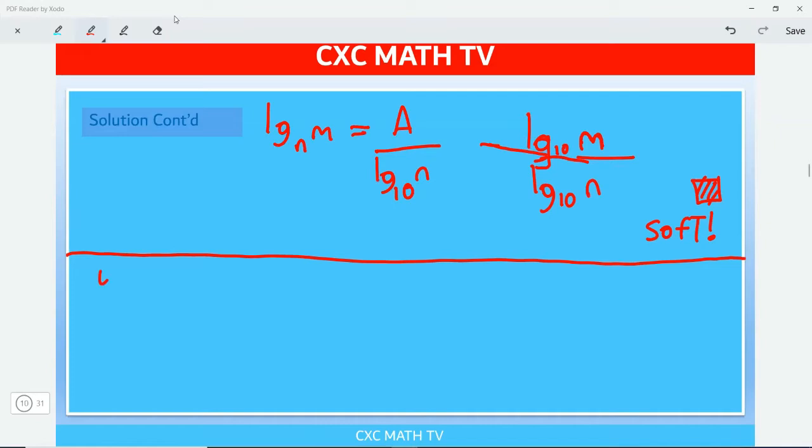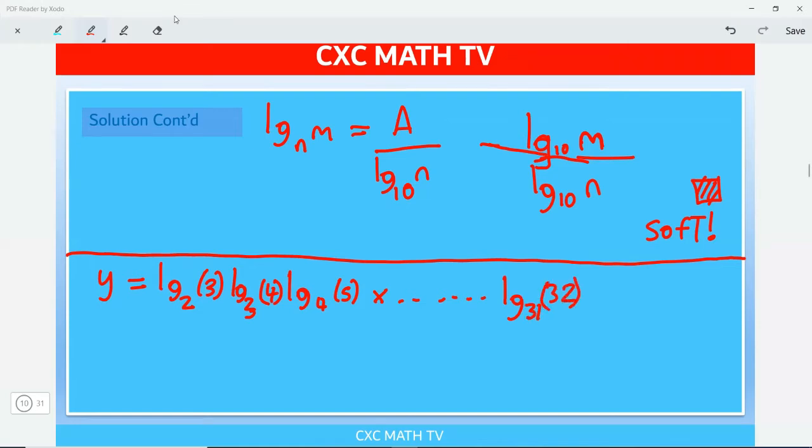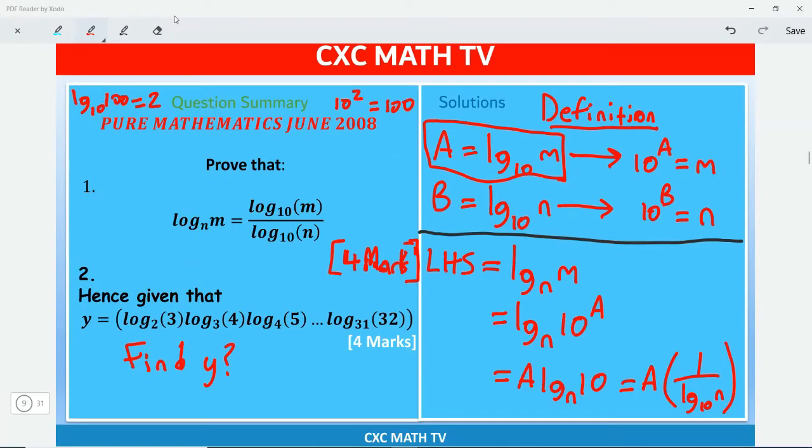So y is equal to log to base 2 of 3 multiplied by log to base 3 of 4 times log to base 4 of 5 times all the way up to log to base 31 of 32. Now, using the change of base law, this is going to become equal to, because remember the question had said hence. That's the critical word, hence.